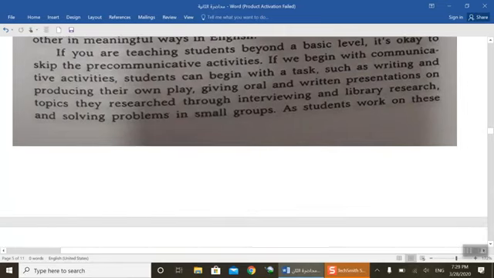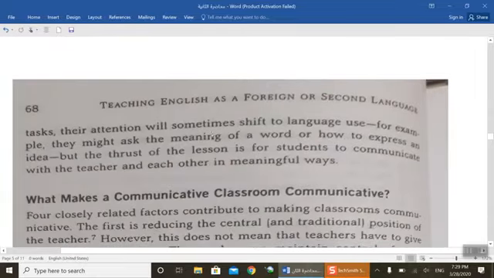As students work on these tasks, their attention will sometimes shift to language use. For example, they might ask the meaning of a word or how to express an idea, but the thrust of the lesson is for students to communicate with the teacher and each other in meaningful ways.